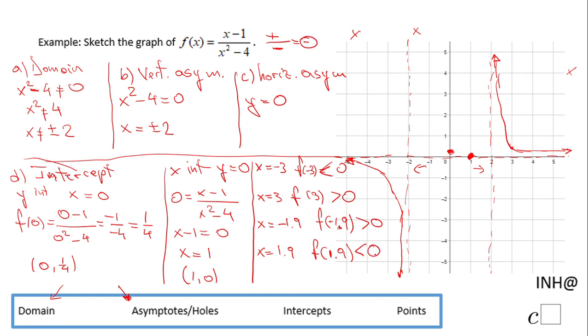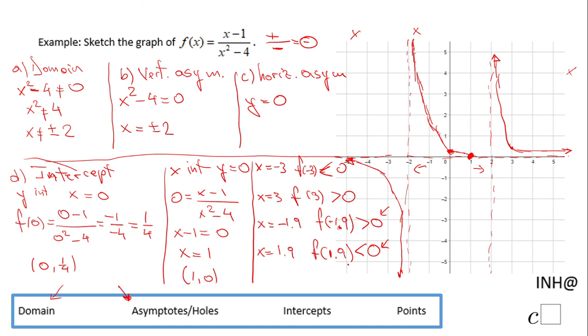Now let's see what's the meaning of these two. A number that is greater than 0 when you get closer to the asymptote means the graph comes from up here. Then don't forget it's going to cross at this y-intercept and cross the x-intercept.